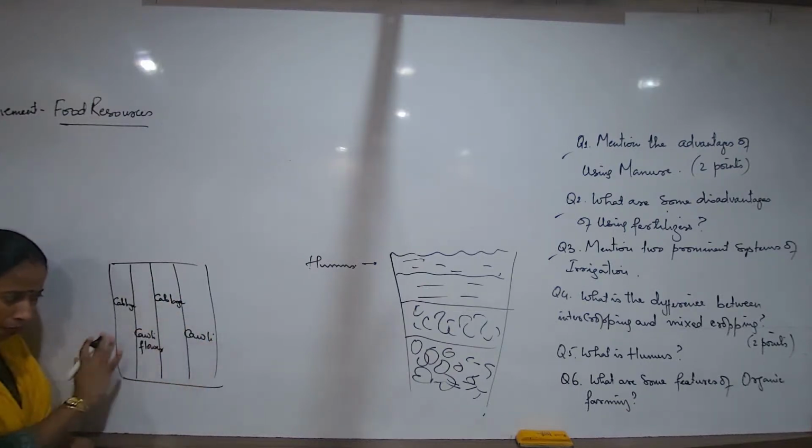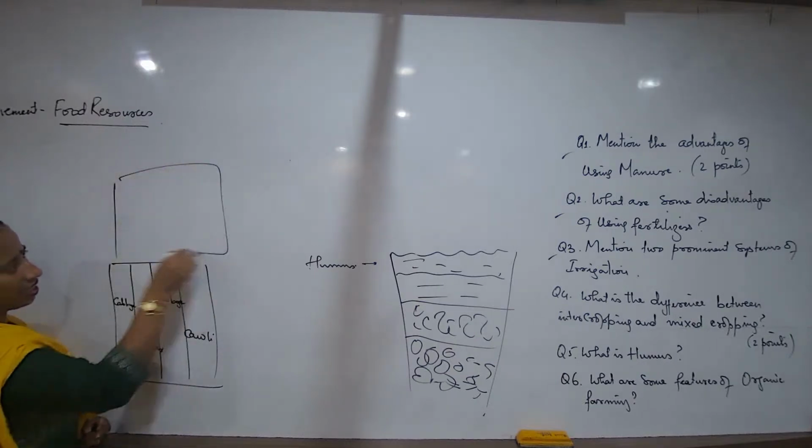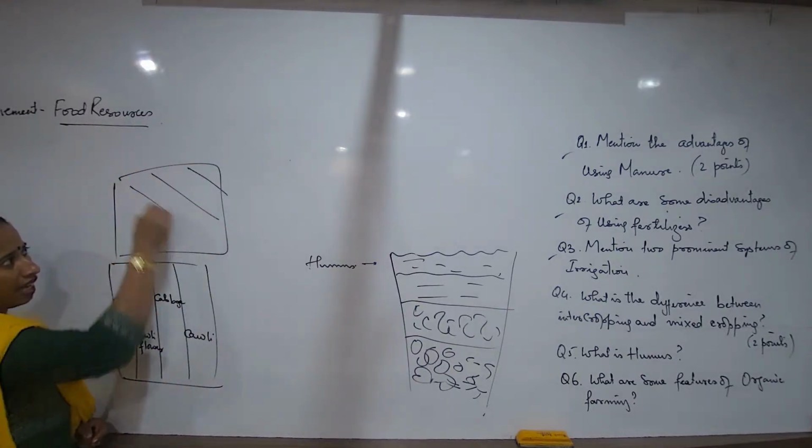If I am maintaining a particular pattern in the entire land, then this is intercropping. I can try with 3, I can try with 4, but it must be a particular sequence.